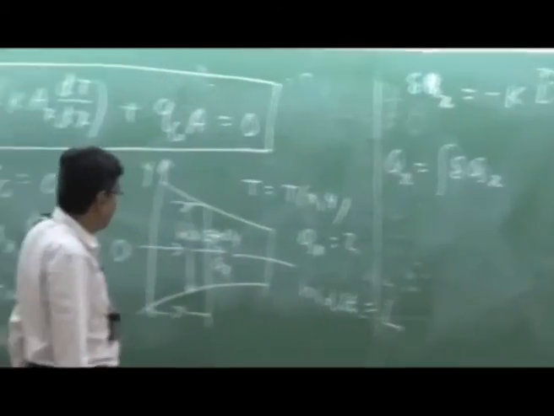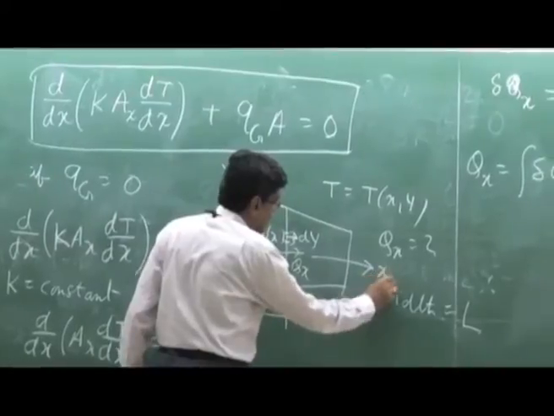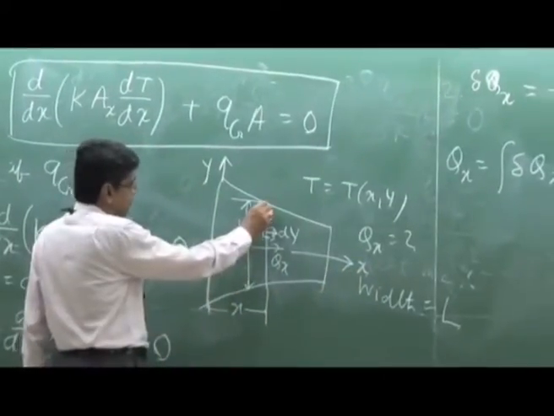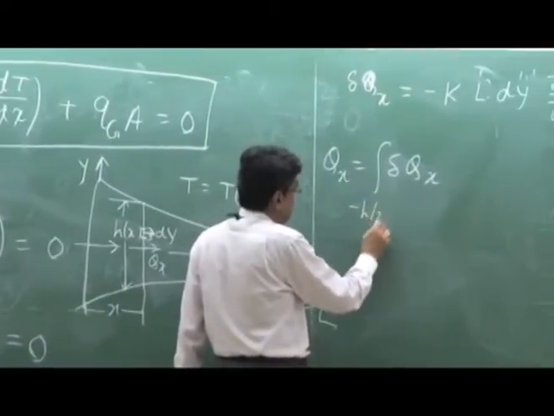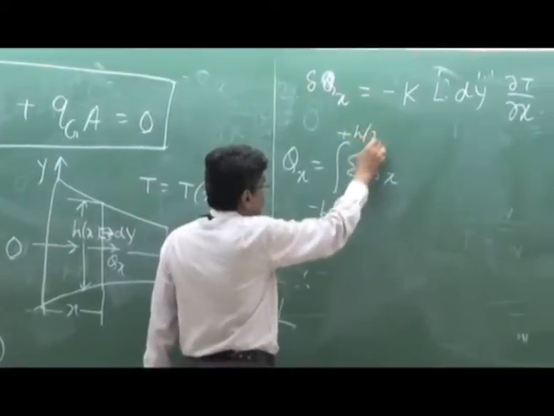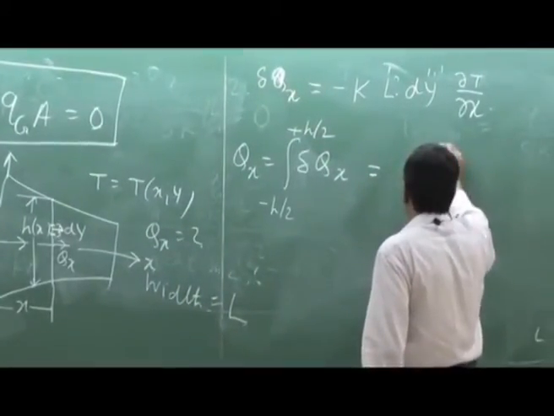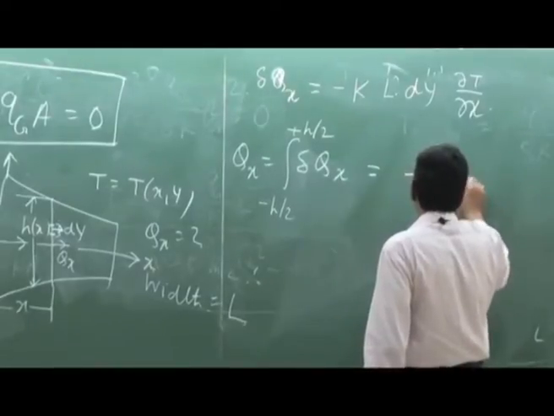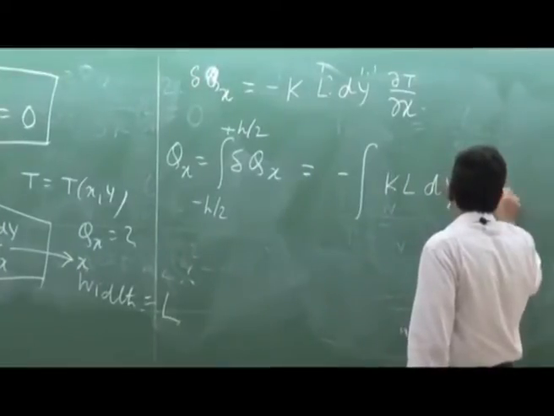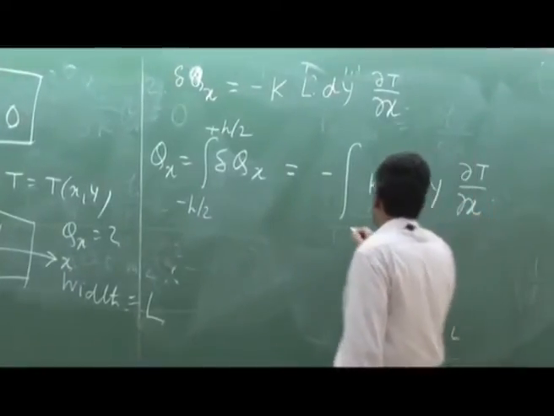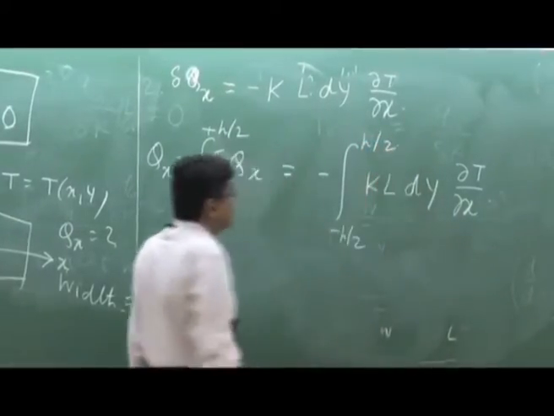Now, to integrate this, let me take an axis. The symmetry axis is x here, so that plus h by 2 to minus h by 2. What we do is minus integration of K L dy del T del x, from minus h by 2 to plus h by 2.